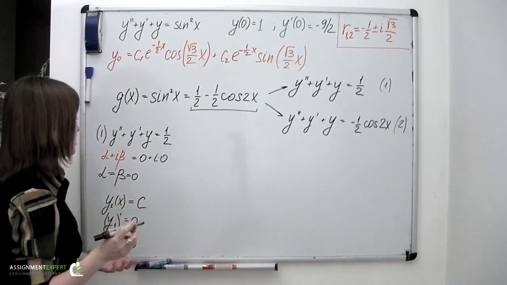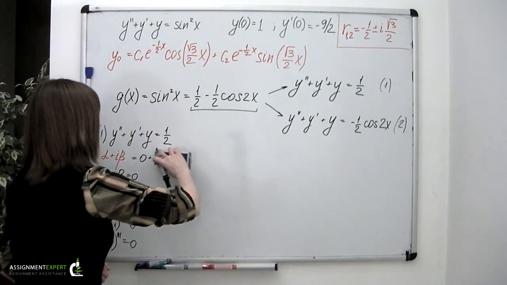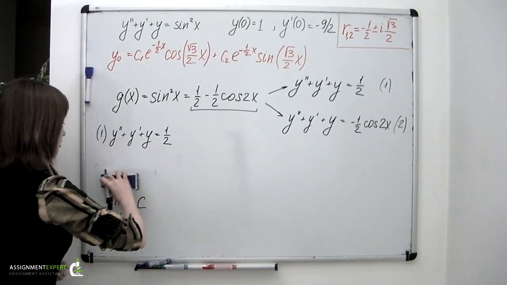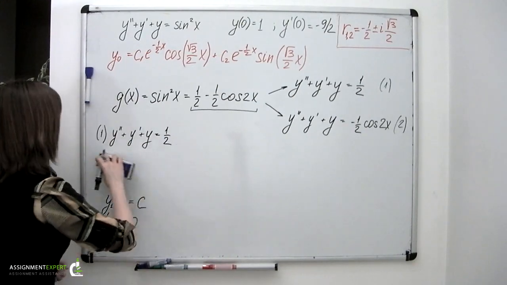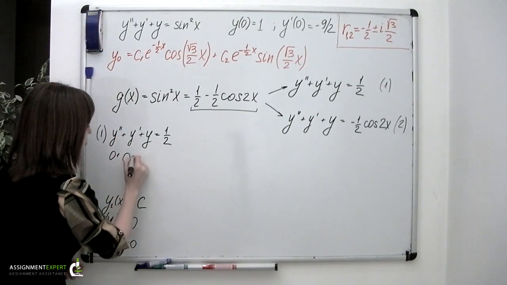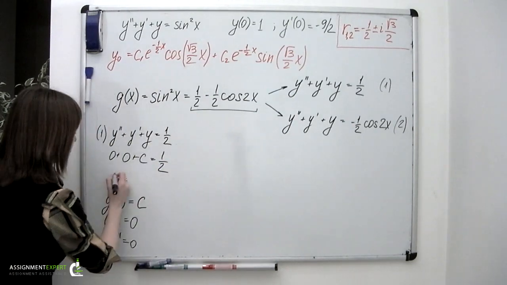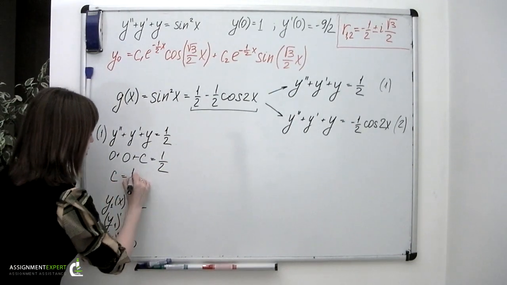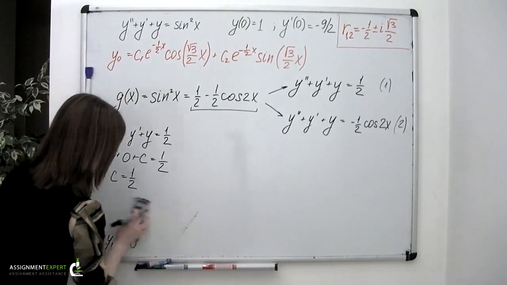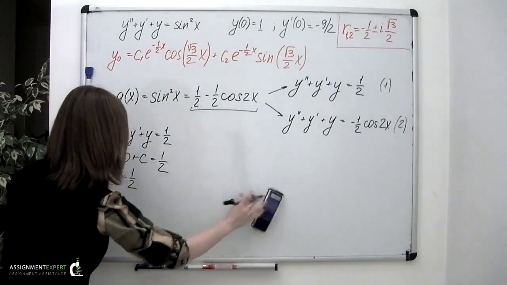So basically what we obtain is 0 plus 0 plus c equals 1/2. So c equals 1/2. And this is our first particular solution to this non-homogeneous equation.